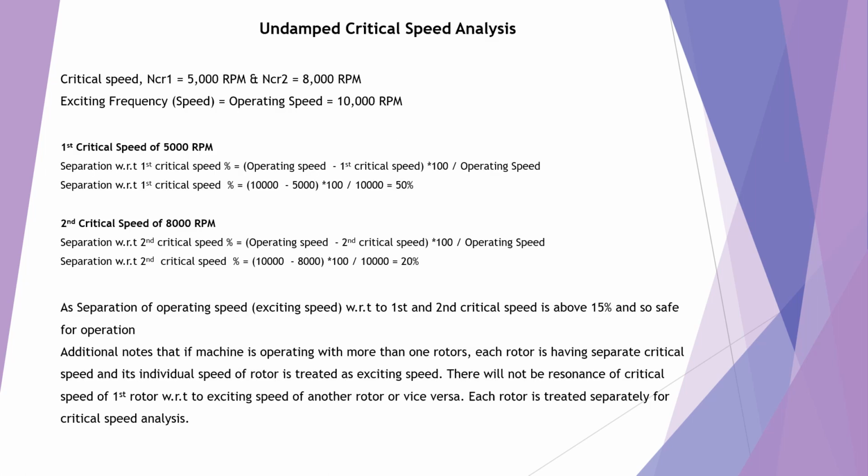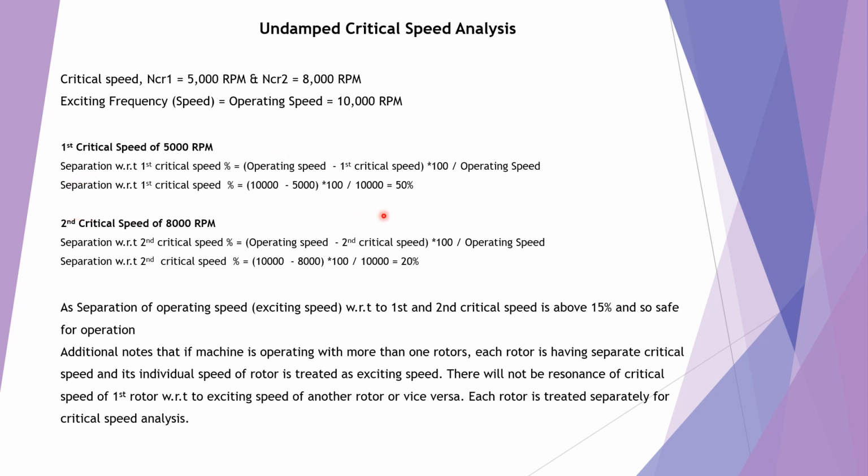Now the undamped critical speed analysis. Let's say this is a typical example. Critical speed NCR1 is equal to 5000 and NCR2 is 8000 RPM. Exciting frequency is equal to operating speed, which is supposedly 10,000 RPM. So the separation with respect to first critical speed in percentage we can calculate as (operating speed minus first critical speed) × 100 divided by operating speed.